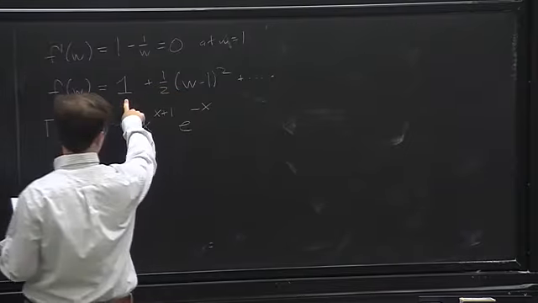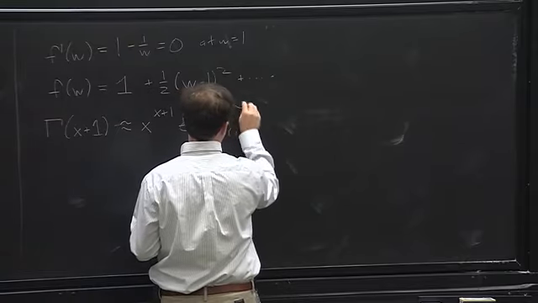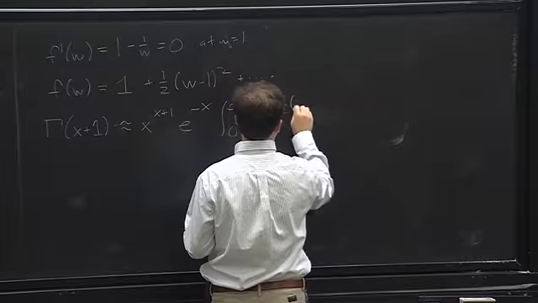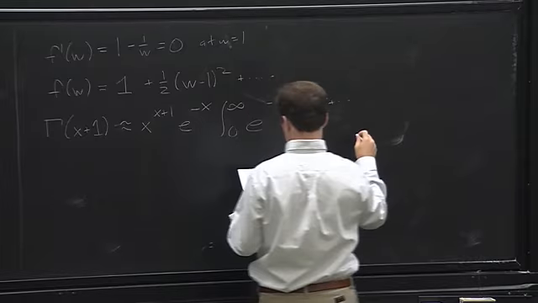The first term just is a constant that factors out of our integral. Then the integral of e to the minus x over 2 (w minus 1) squared plus dot dot dot.